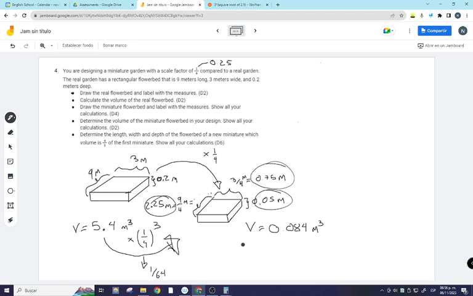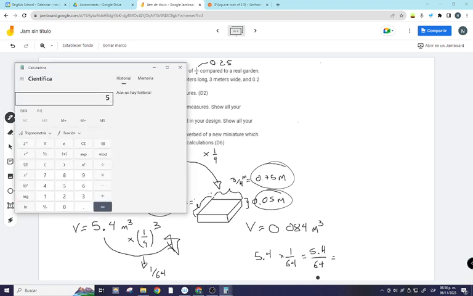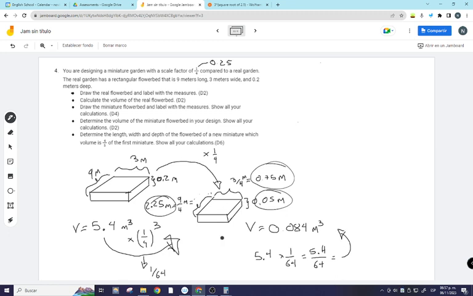So this should be found by multiplying 5.4 cubic meters times 1 over 64, which is basically 5.4 over 64. And what do we get? Exactly the same. Yep, so either of those two methods worked because both are valid ways to find that volume. One with the formula of volume and the other with the scale factor with the similar original version.